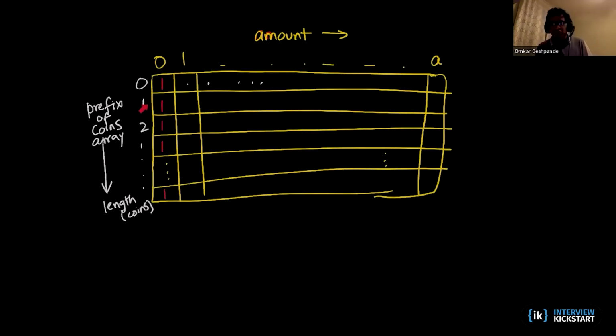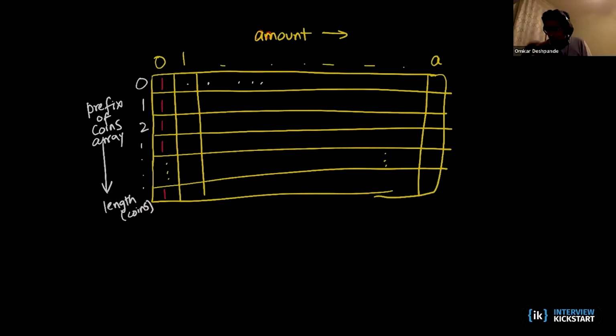So this row corresponds to the leftmost coin. This row corresponds to the second leftmost coin. And this row corresponds to the rightmost coin. This top row corresponds to there being no coin.